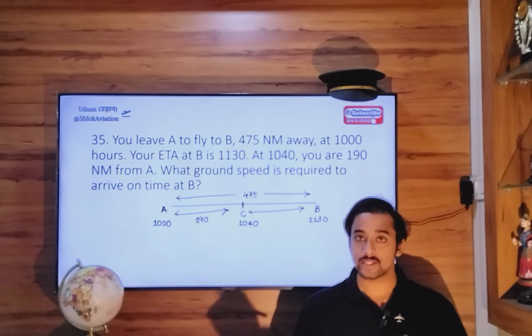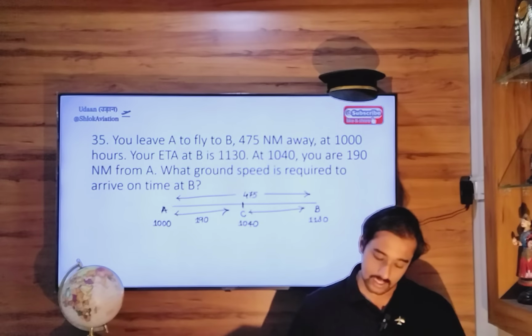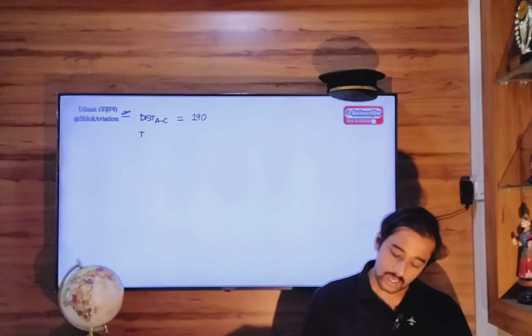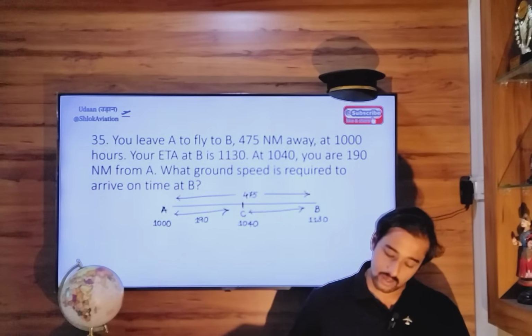So we will have to solve this question in two steps. First, the distance between Alpha and Charlie is 190. The time between Alpha and Charlie is 40 minutes.